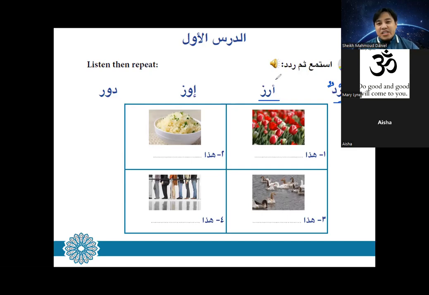So the audio says aruz, alif fatha a, then ra damma ru, aruz. The same thing, aruzzun. There is shadda, then dammatain, aruzzun. Or we can say instead of aruz, we can say urzun actually.